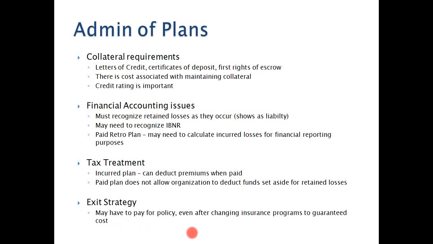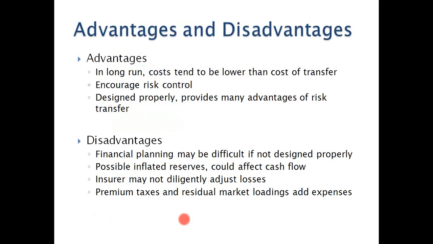And that's something that when you explain that to an owner of a company, they really don't like that. To them it's a surprise because they're so used to guaranteed costs, they feel that they paid it. And so that has to be explained under a retro program, that until those years close out, until it's agreed upon, you still may be held liable for those changes in evaluation periods.